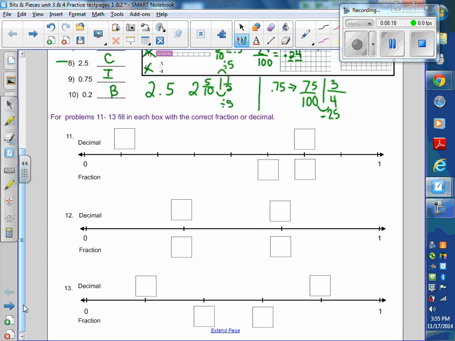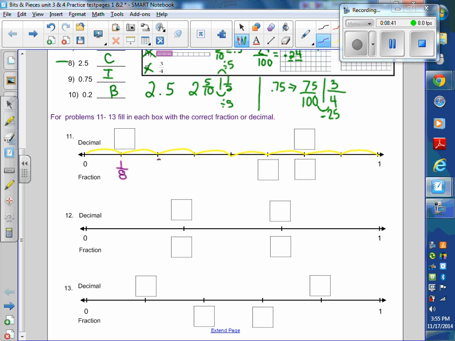Now we've been practicing these missing numbers in class, and the strategy that I'm hoping some of you are using is first just count the jumps. So 1, 2, 3, 4, 5, 6, 7, 8 jumps. So our step size is an 8.